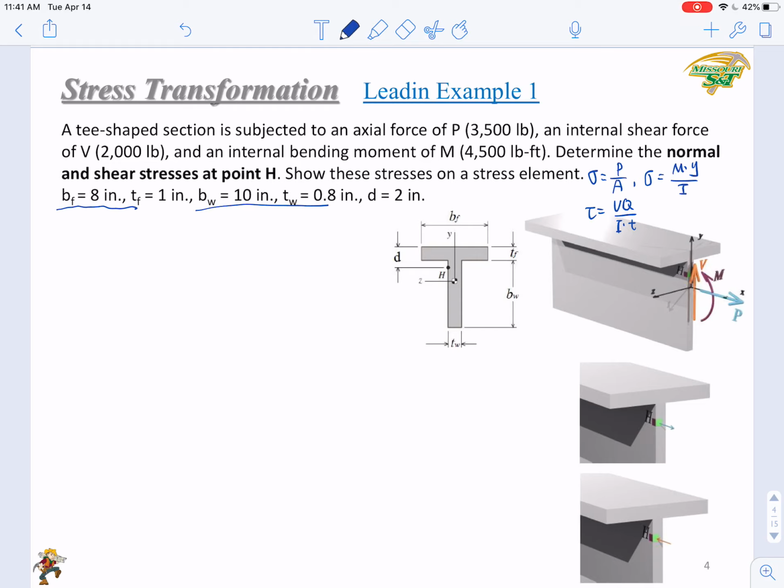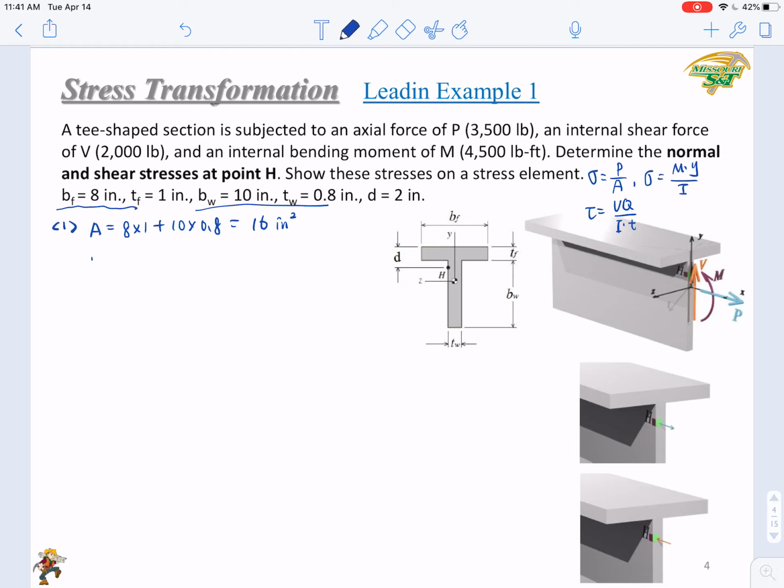So the first step, we will need to determine the section properties. The area of the T-shaped section will be the sum of the 2 sub-areas, the flange and the web. For the flange, you have 8 times 1, and for the web, you have 10 times 0.8. You get 16.